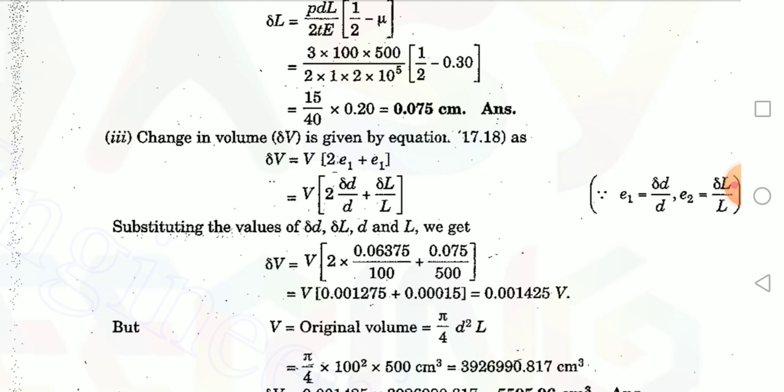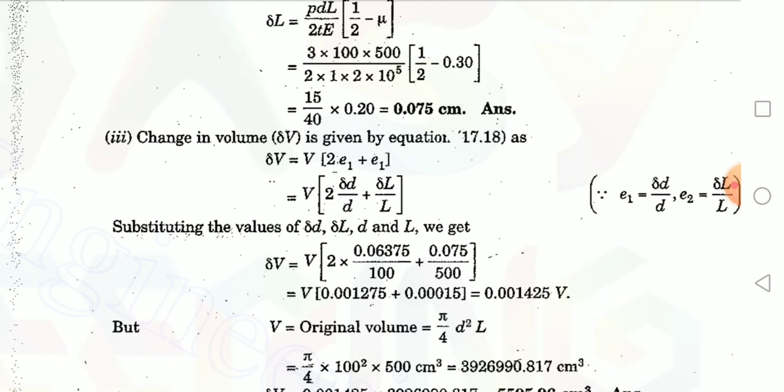Okay, so this is longitudinal strain, and this is called circumferential strain, like that you can take it.